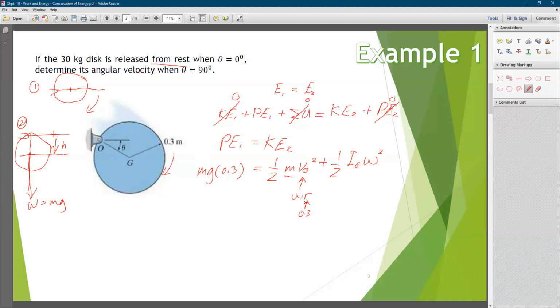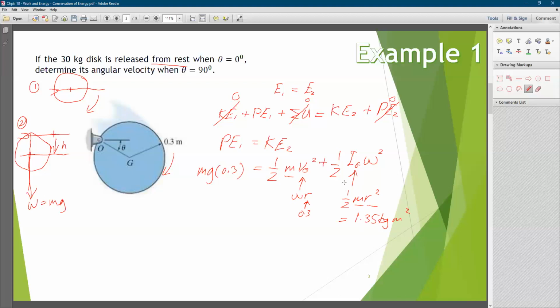Omega we don't know. And don't forget that if you replace it, it should be squared. And then on this part here, IG is half m r square. So m is known, r is known. You can simply calculate this IG, which equals 1.35 kg meter square.